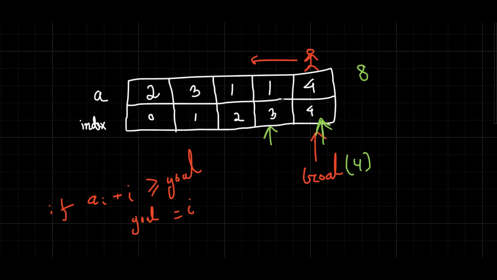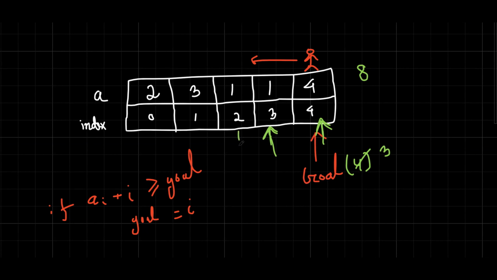So 4 is greater than or equal to the goal. So that's why we have to update our goal. Now our goal will be 3. That means if we start jumping from these positions, we can reach the final positions.